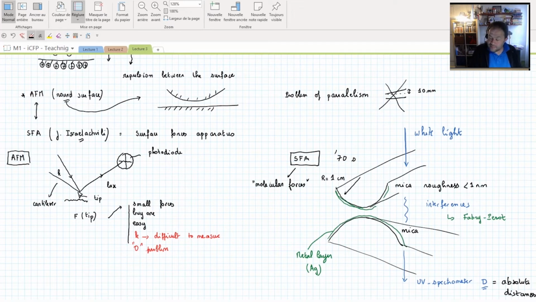Okay. And of course, what is interesting here is that since they are dealing with larger distances, the forces that are measured are bigger. So you will say, why do people use AFM instead of SFA? Well, there are several drawbacks.